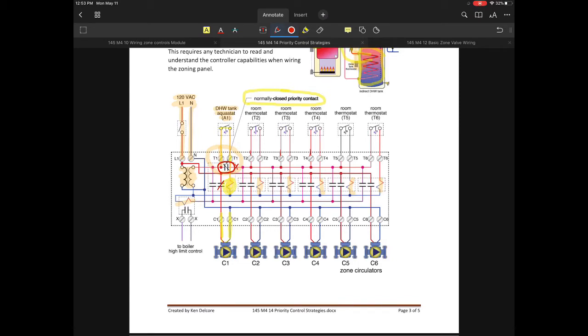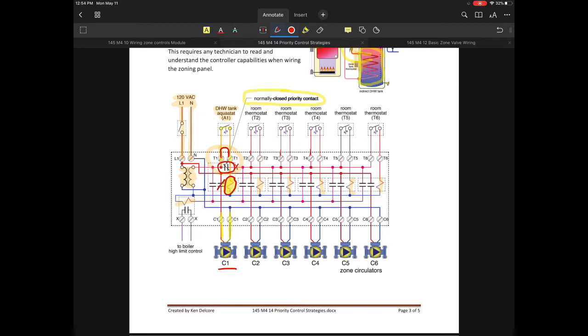So no voltage is going to get past that circuit to feed T2, T3, T4, 5, and 6. And so that's their priority. Now, if for some odd reason there is a problem with this zoning system, there would likely be a timeout feature in this. Typically, they all would include something like that.